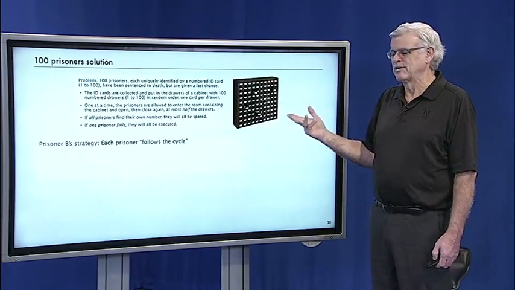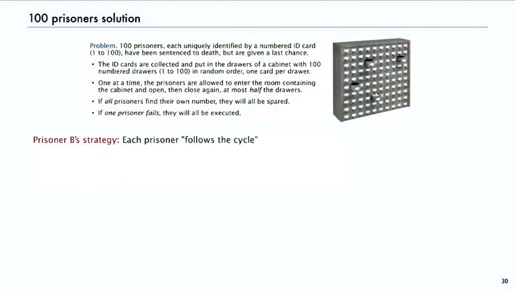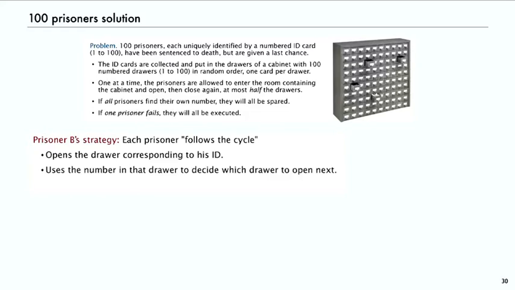Well, from the context, maybe many of you have figured it out. The strategy is that each prisoner should follow the cycle. That is, each prisoner knows what his number is, say it's number 5, so he should open the drawer that has number 5, and then use that number to decide what drawer to open next, and then just keep going. He's going to continue until he finds the drawer that contains his own ID.